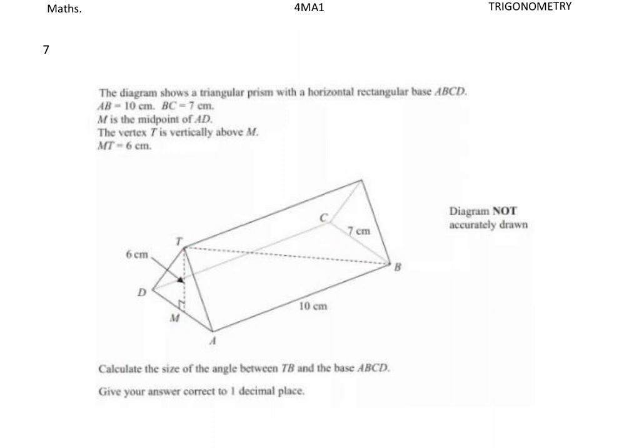For number 7, we have a triangular prism, and AB equals 10 centimeters, BC equals 7, TM equals 6 centimeters, and this is perpendicular to AD. We need to calculate the size of the angle between TB and the base ABCD. To find the angle between the line and the base, this line intersects the base at B. If we drop a line from T to the base, or if T fell down on the base, the projection will be M. So just join BM.